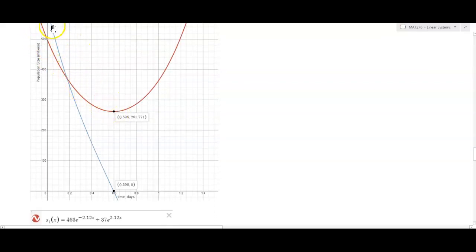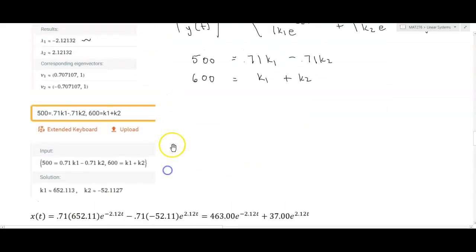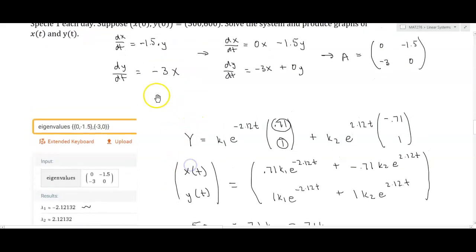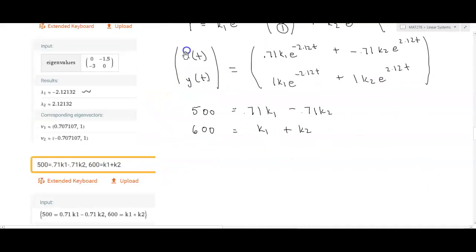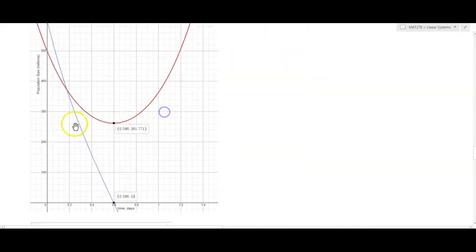But species 2 is being eaten at a much faster rate than species 1. Going back up to our model, species 2 is being eaten at a rate of 3 per prey, or per x, and so we see that one fall off until at about time 0.596 days, species 2 becomes extinct.